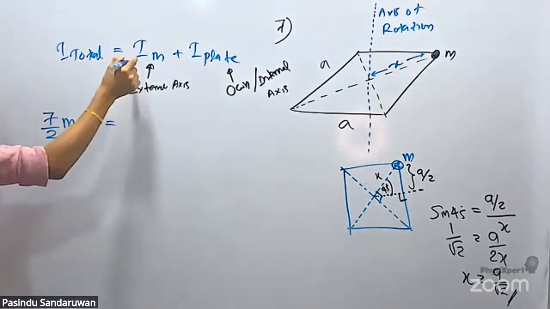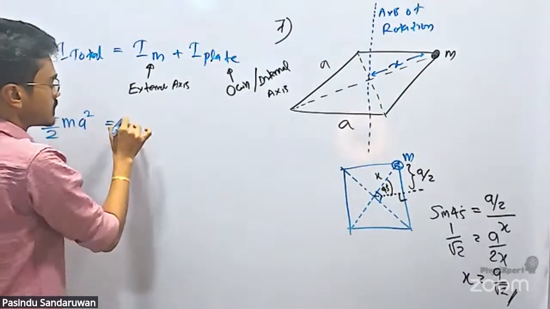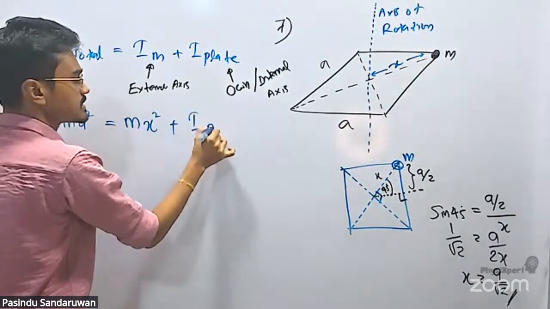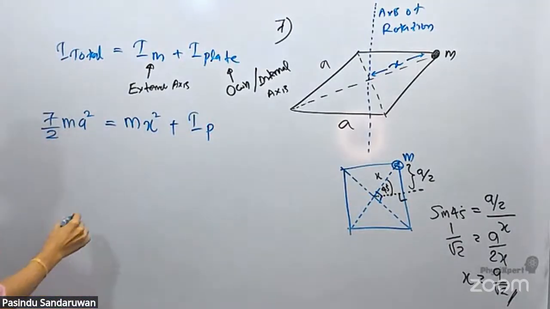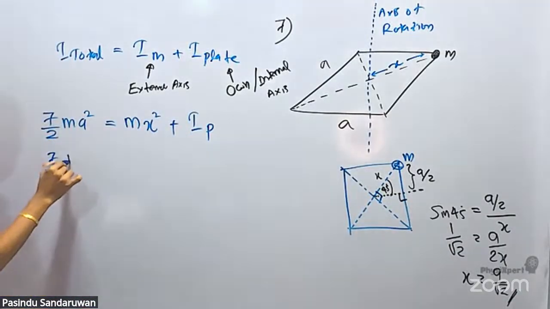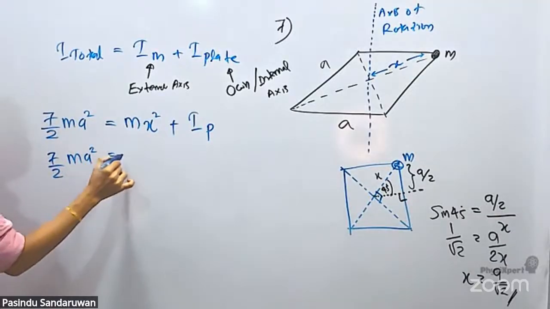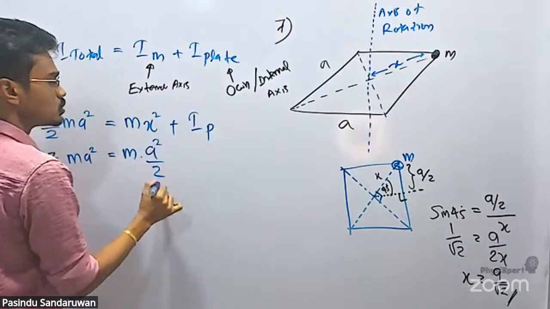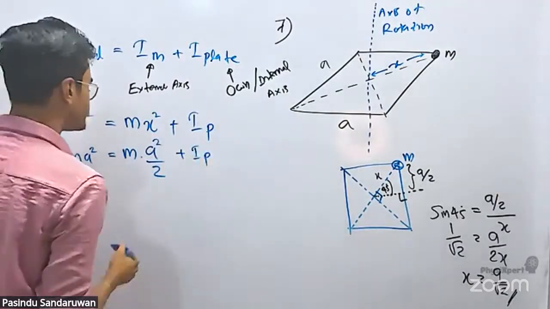The m term can be written as mr squared, which is m x squared, plus I will keep this as I of the plate, Ip. Simplify: 7 over 2 ma squared equals m x squared, which is ma squared over 2, plus Ip.